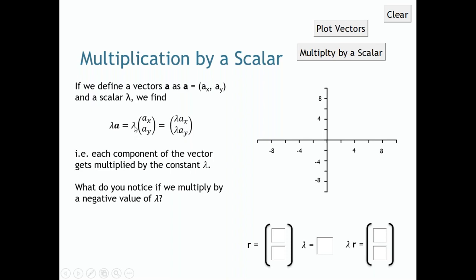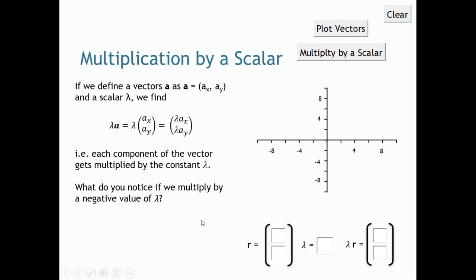This is because we are using alpha to multiply each of the components in this bracket, so that is what gives us our final solution. Each component of the vector gets multiplied by the constant.